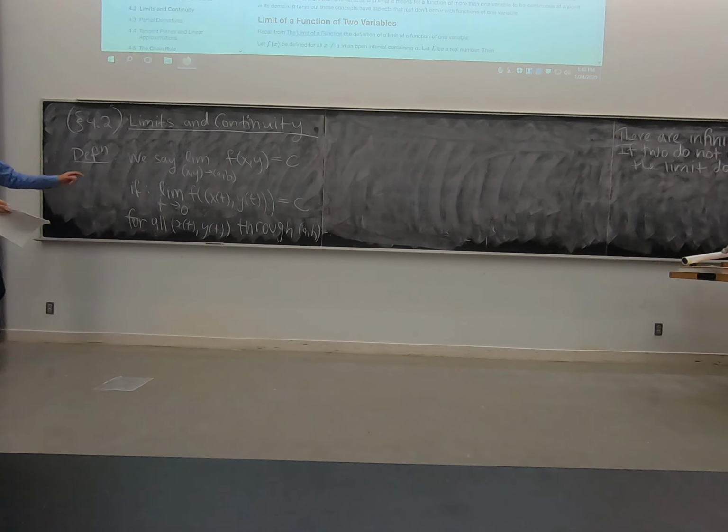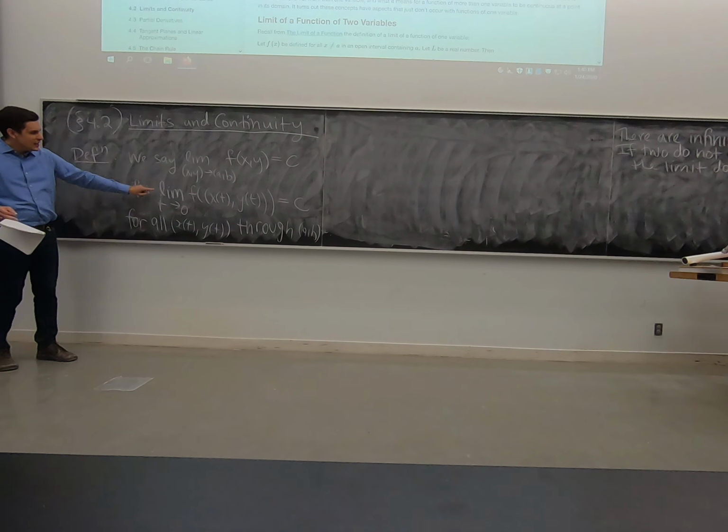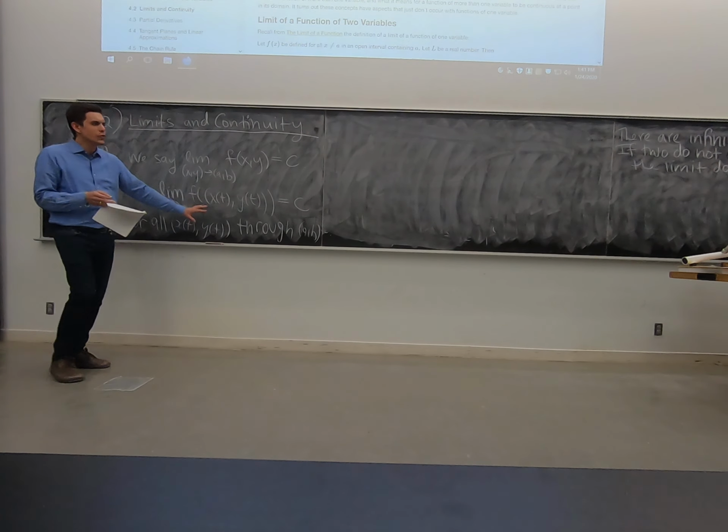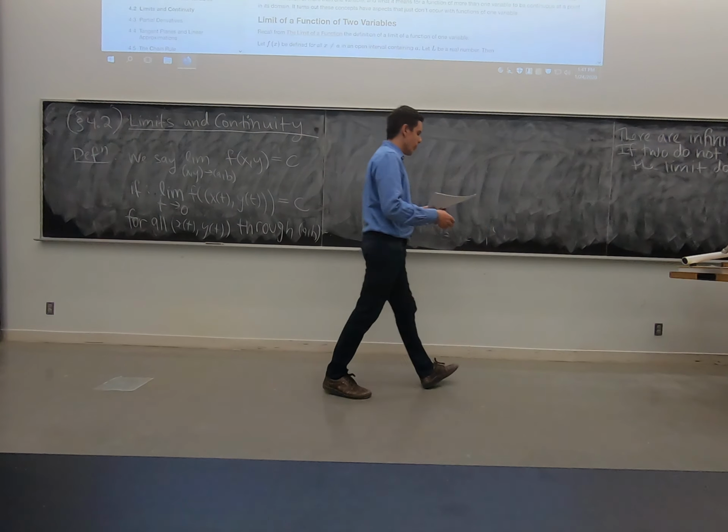So we say the limit is the constant c if the limit goes to c along all parametric paths through that point. Okay, so that's sort of the formal mathematical definition.